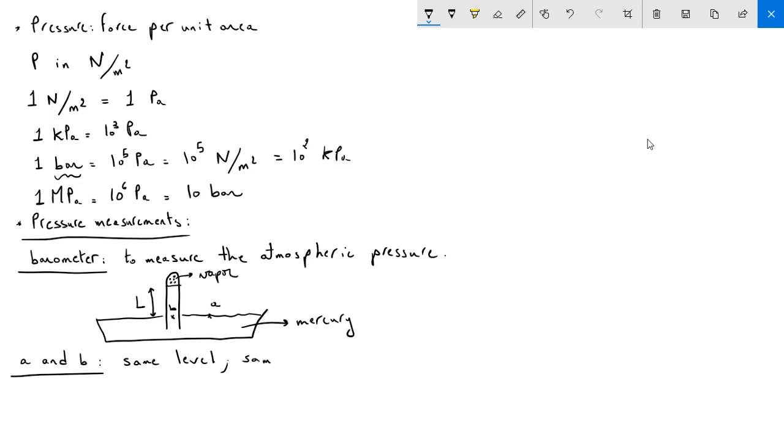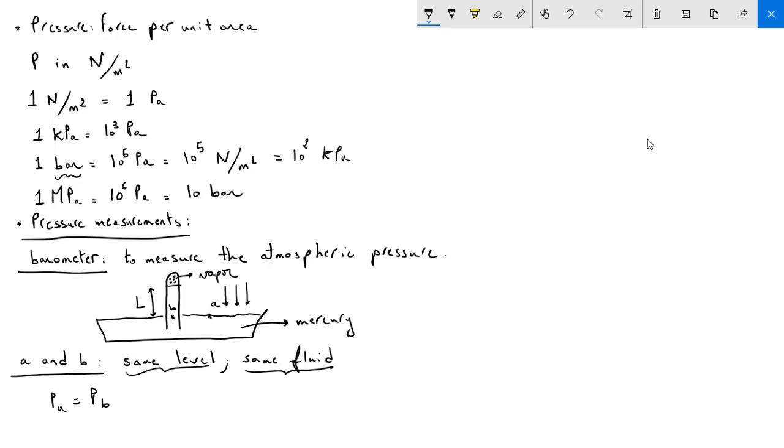So two important conditions. They both should correspond to the same fluid. In this case, A corresponds to mercury and B corresponds to mercury. And the same level, the elevation of A is the same as the elevation of B. So given these two constraints, we can say that PA, the pressure at A, is equal to the pressure at B.